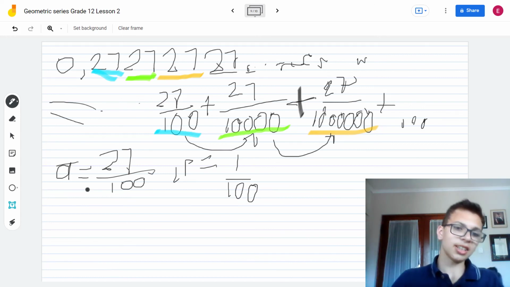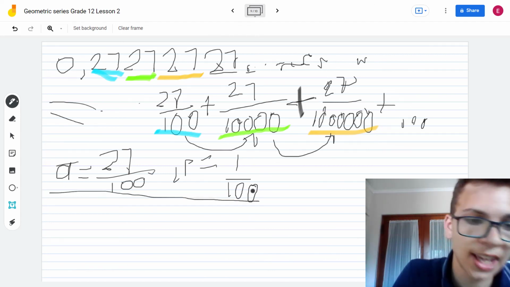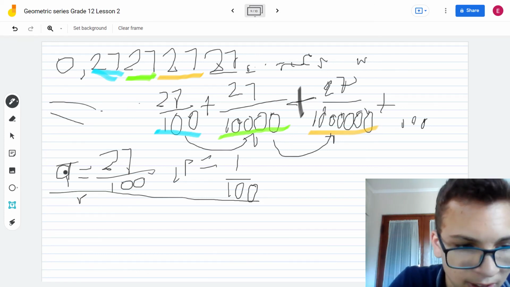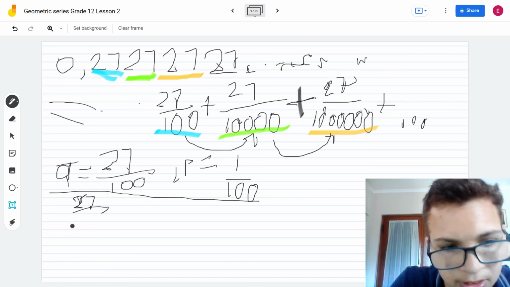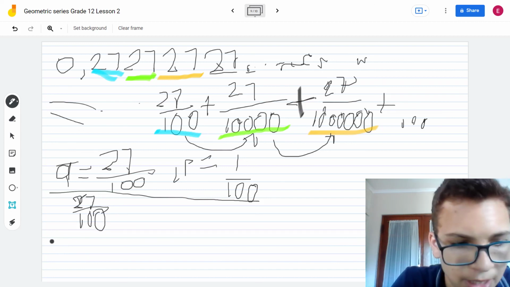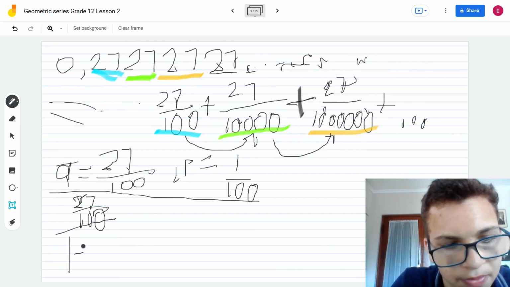Here we have our A and our R, and so we can just use the formula A over 1 minus R. So we say 27 over 100 over 1 minus 1 over 100.